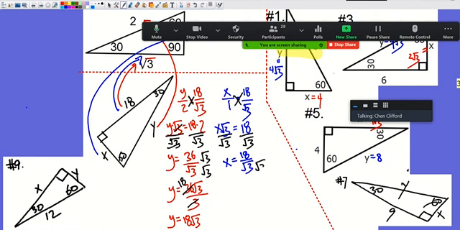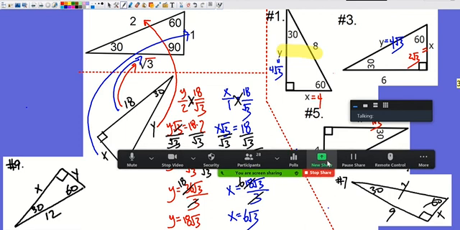Remember, we don't want a root 3 on the bottom, so now I get x equals 18 root 3 over 3. 18 divided by 3 is 6. x equals 6 root 3. And those are your examples right there.